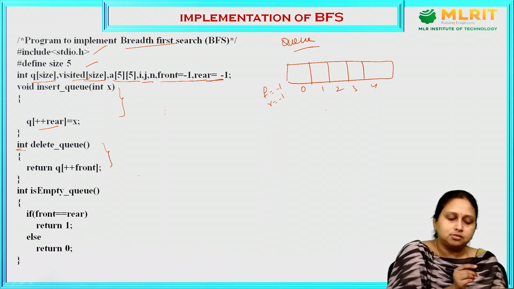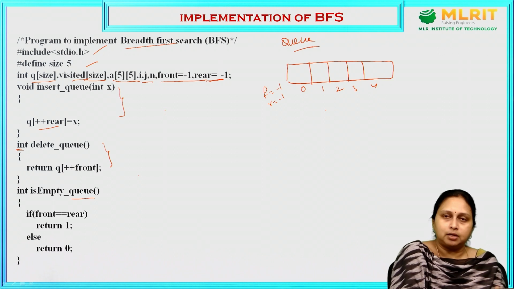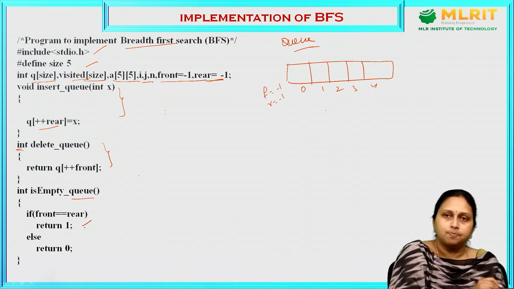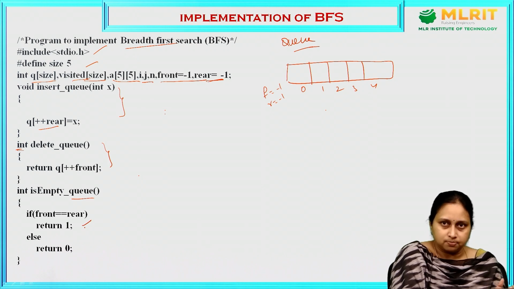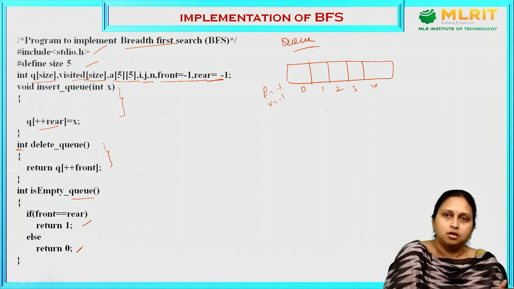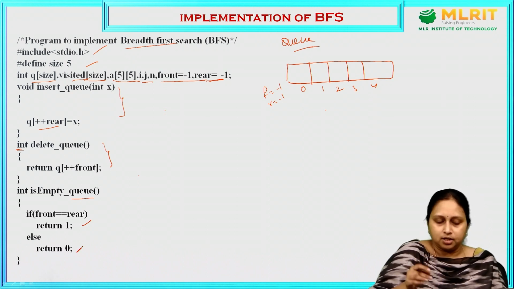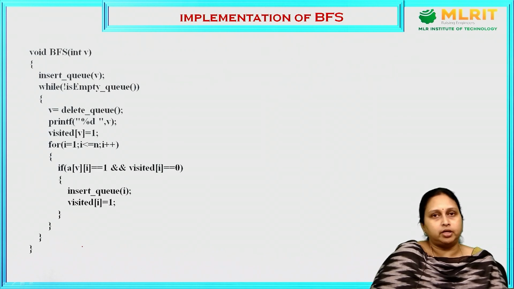Then there is the isQueueEmpty function: if front and rear both reach the same position, the queue becomes empty, and it returns the value 1 to the function where it was called. If it is not equal, it returns the value 0. These are the three functions we are going to use.